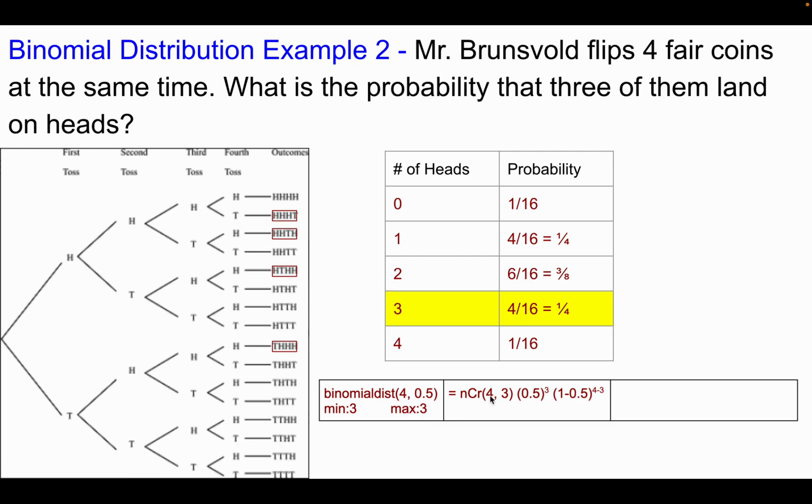We can see that also in the expanded combinations formula, right? So we have 4 coins. We're choosing 3 of them to land on heads. We have a 50% probability of getting any coin landing on heads. So 0.5 to the 3rd power and 1 minus 0.5, that'd be your probability of getting tails, to the 4 minus 3 power.